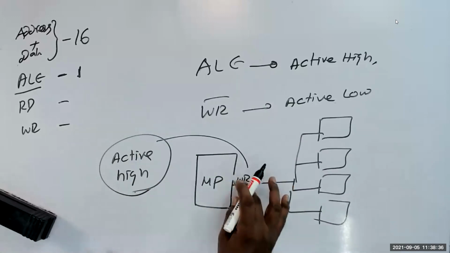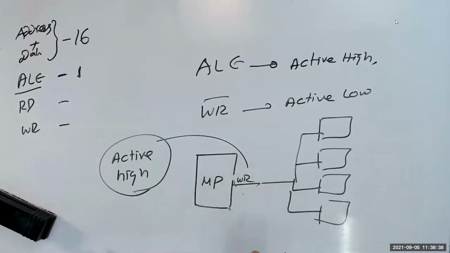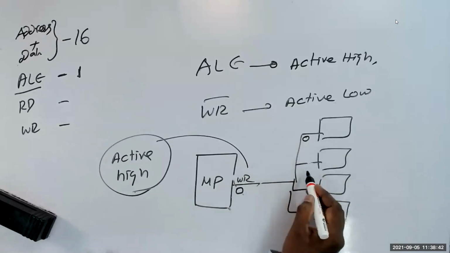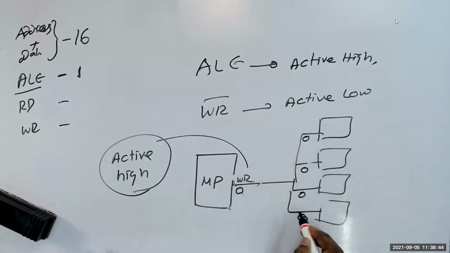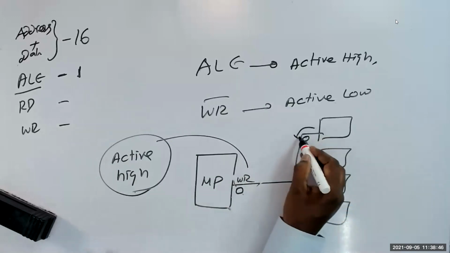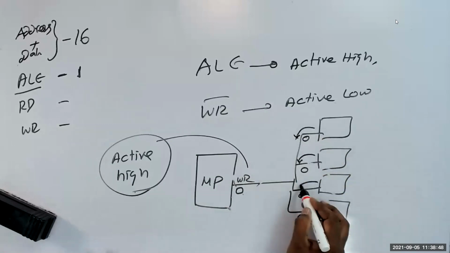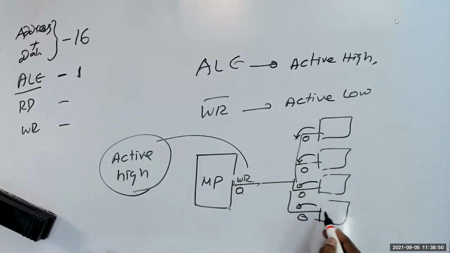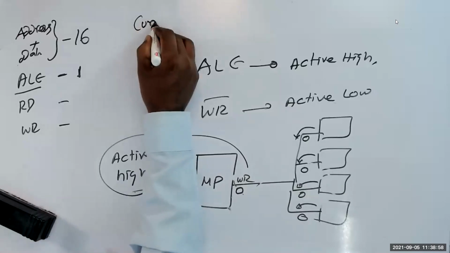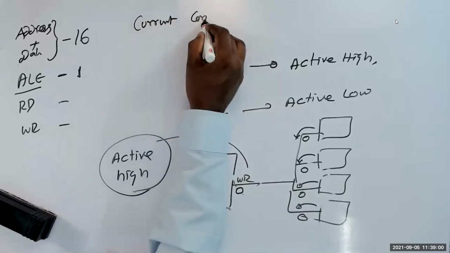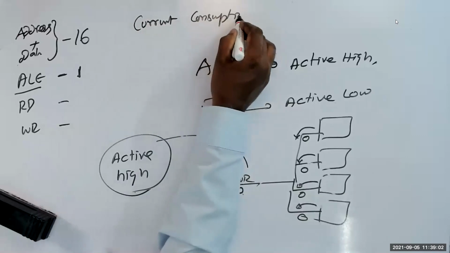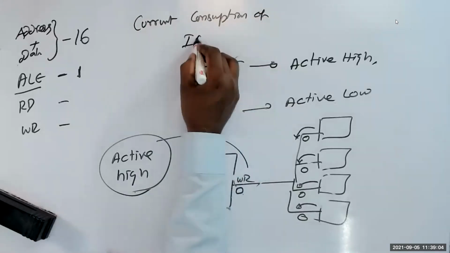I make it active only when I am writing. When I don't write, this is going to be 0. If this is 0, all the input pins are 0. So more current will be coming out of each and every IC, and because of that the total current consumption of the ICs will be high.